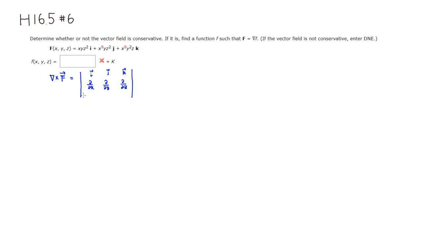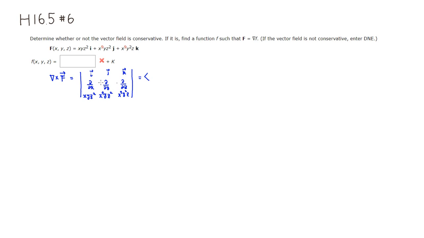Then the first component is x y z squared, the second component is x to the ninth y z squared, and the third component is x to the ninth y squared z. So the first component.